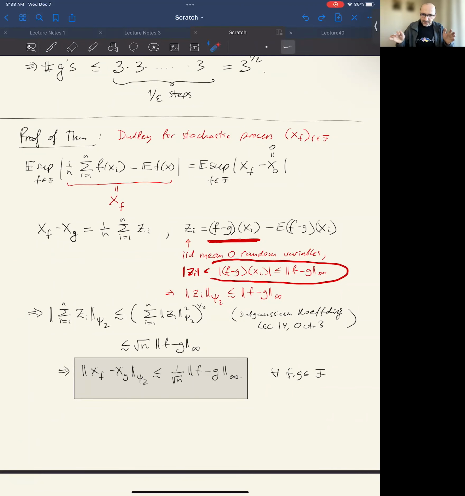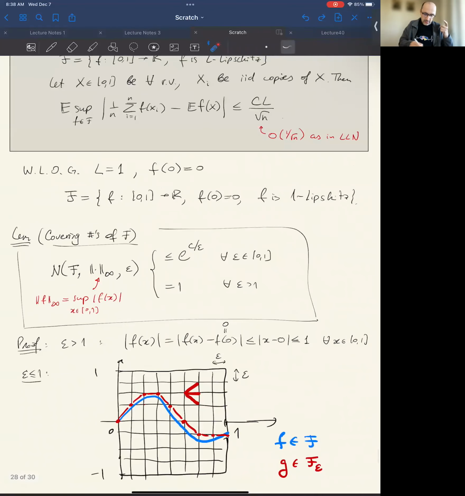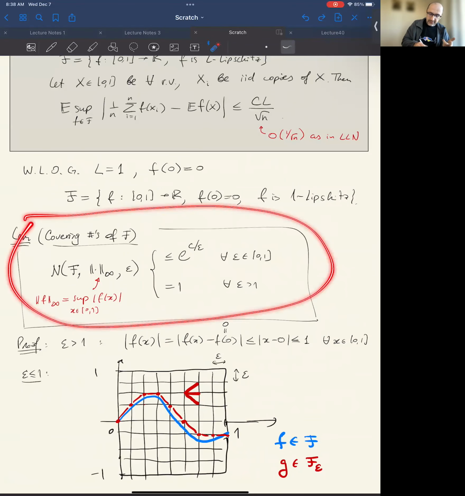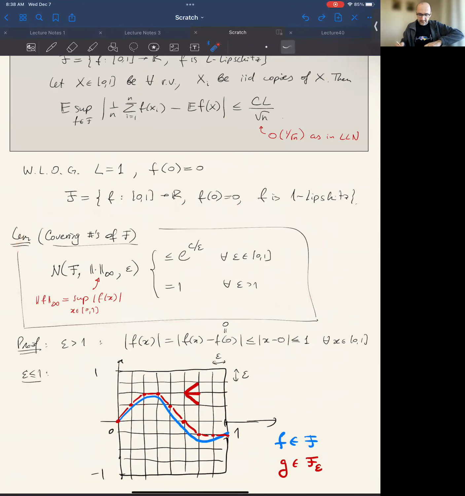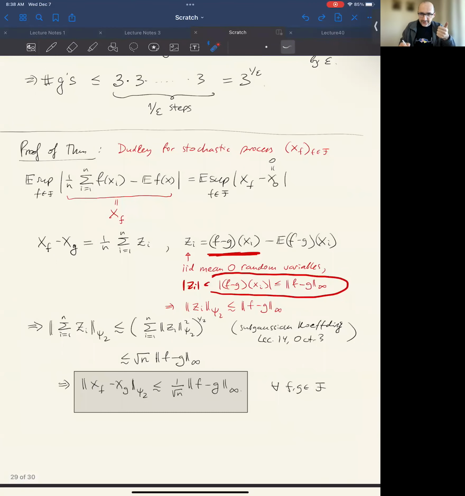Okay. So we're going to apply Dudley inequality. Dudley inequality requires us to find the good covering number. We found the good covering number. It's right there. So we're good here. What else does Dudley inequality require? It requires us to have sub-Gaussian increments.